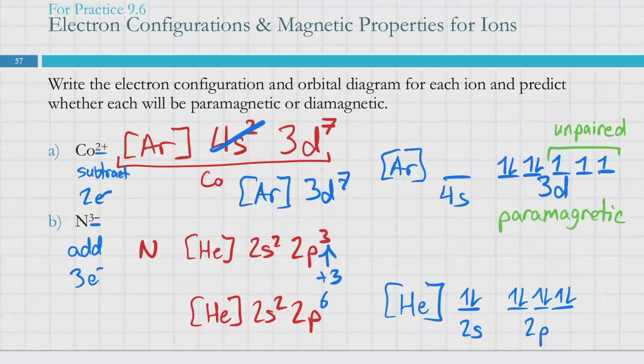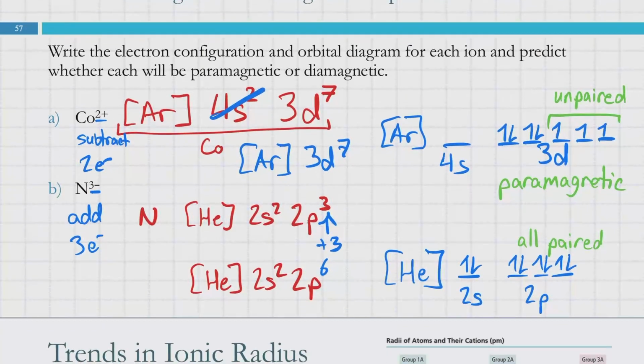Do we have any unpaired electrons? So they are all paired. So what do we call this?